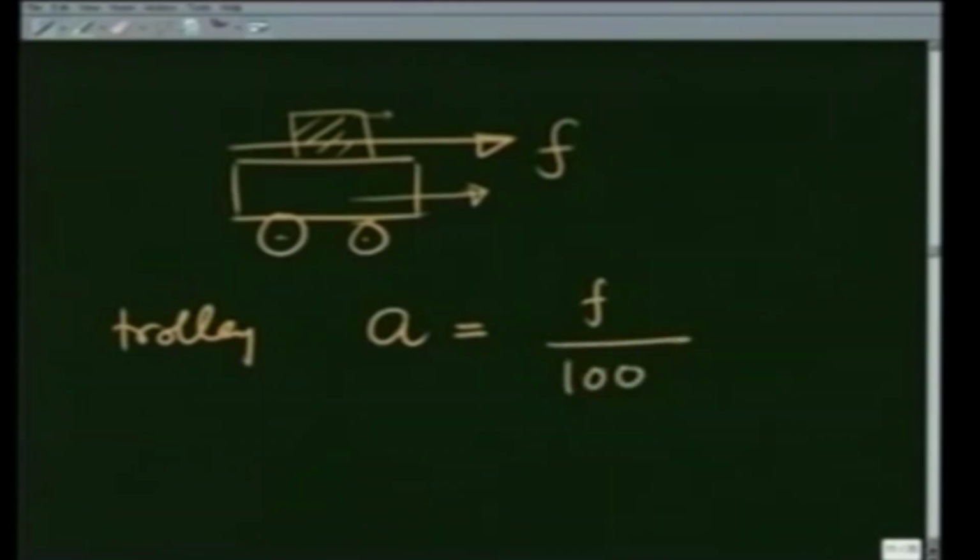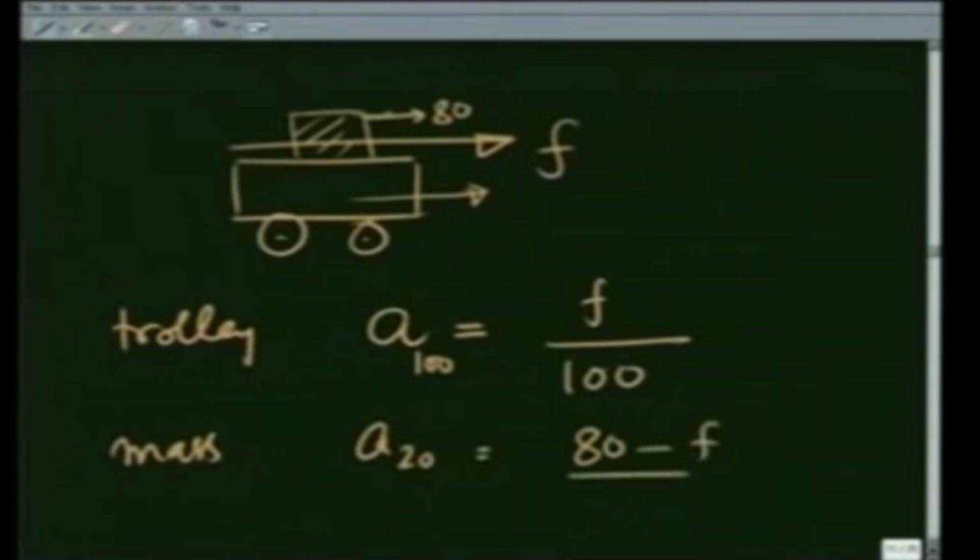In that case, the trolley has an acceleration which is going to be equal to the frictional force, which I do not know, over 100. And similarly, the mass of 20 kgs is going to have an acceleration which is going to be 80, the force with which I am pulling it, minus F, over 20.